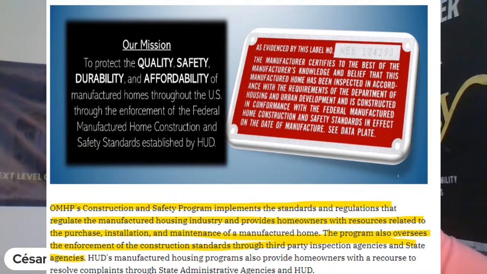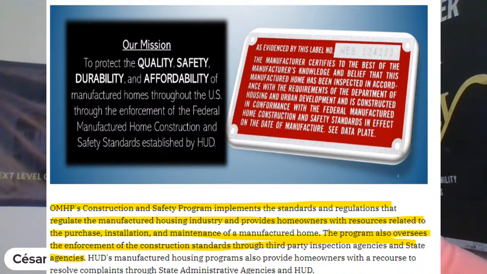and we've gone over it a couple times, right, is to protect the quality, safety, and durability and affordability of manufactured homes throughout the U.S., right? And if you look at the bottom there in the highlighted portion, it says the OMHP's Construction and Safety Program implements the standards and regulations that regulate the manufactured housing industry and provide homeowners with resources related to purchase, installation, maintenance of the manufactured home.